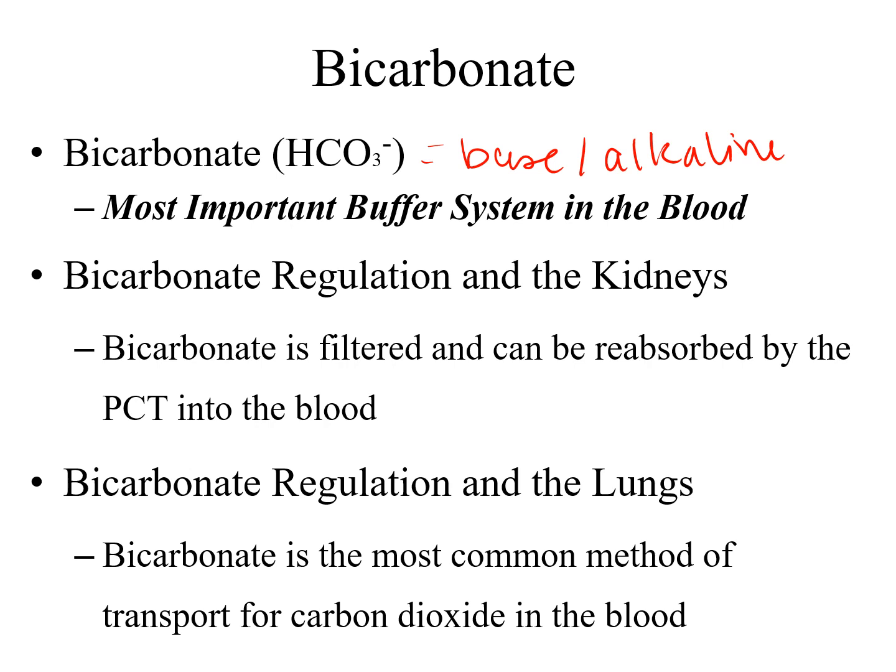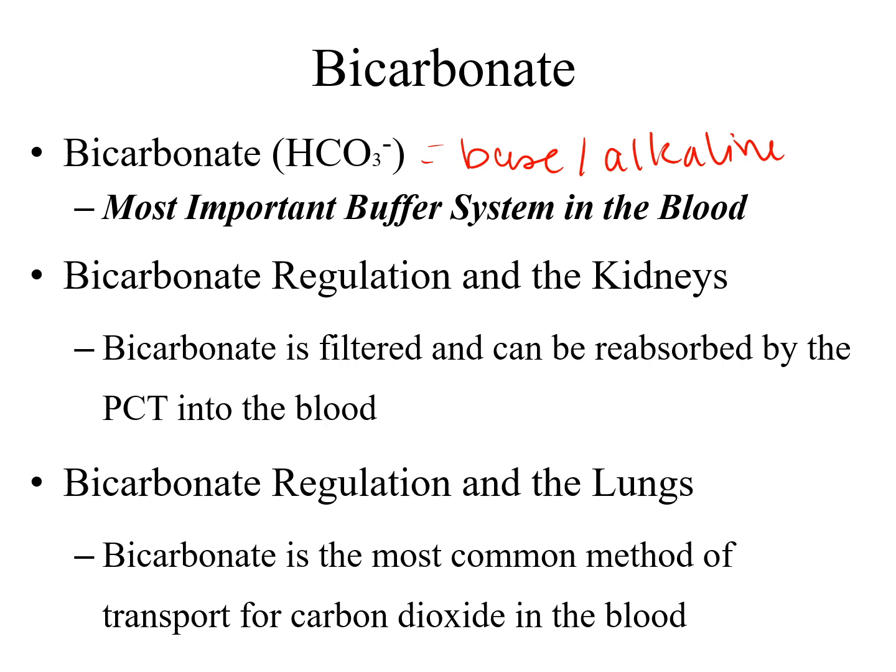So just keep in mind that the respiratory system can manage bicarbonate by getting rid of it through exhaling out CO2. The kidneys, however, can also manage bicarbonate by helping to either reabsorb more of it, which will make your blood more alkaline, or your kidneys can reabsorb less of it, which will make your bloodstream more acidic. So just something to think about there.